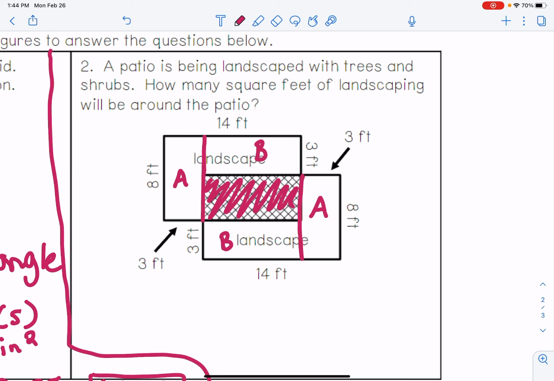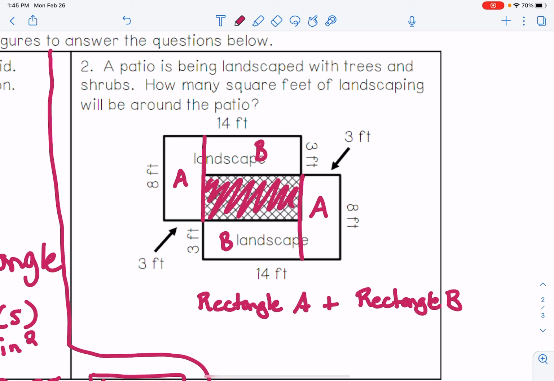Let's look at rectangle A. In order to find the area of all the landscape, we're going to have to add up all of the rectangles together. So we're going to do rectangle A plus rectangle B, but then we have to do it twice.